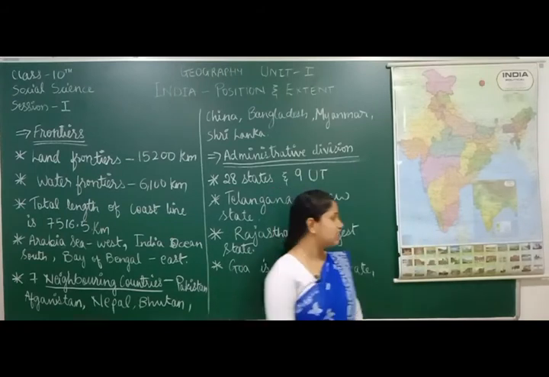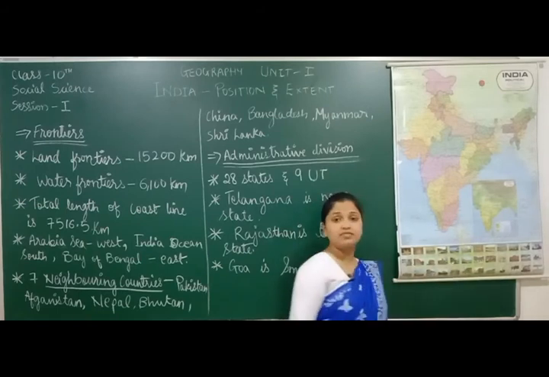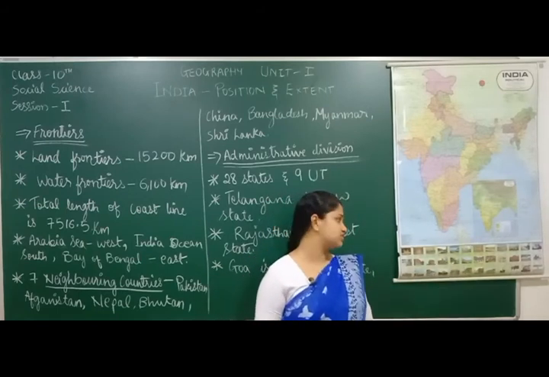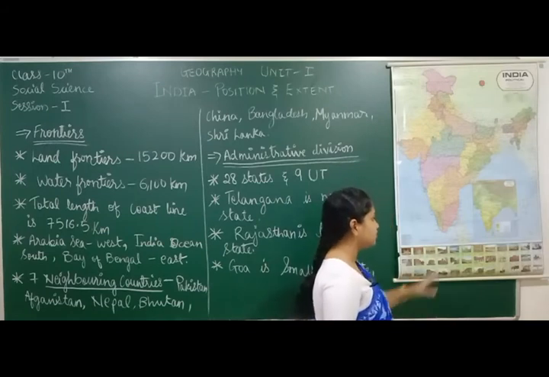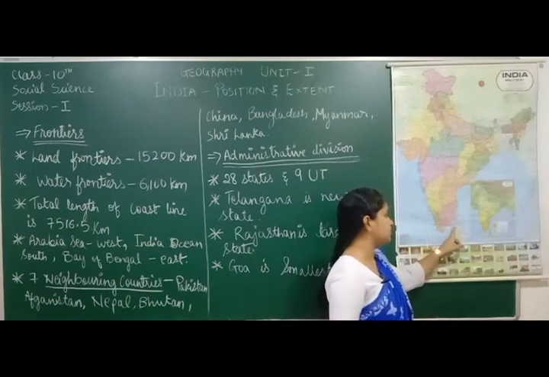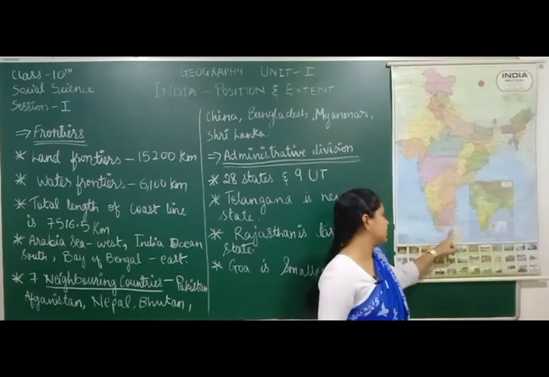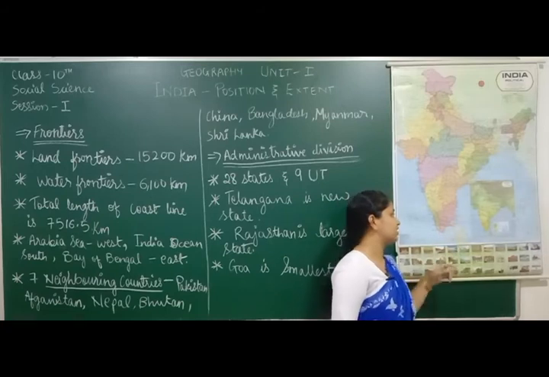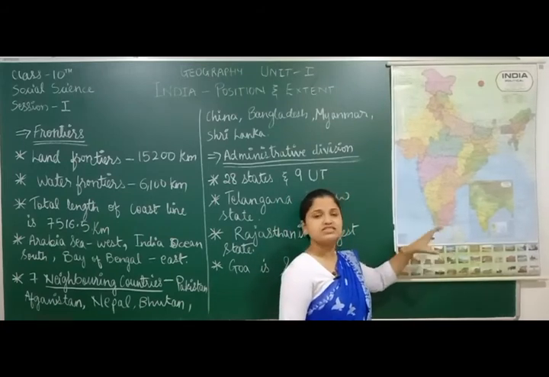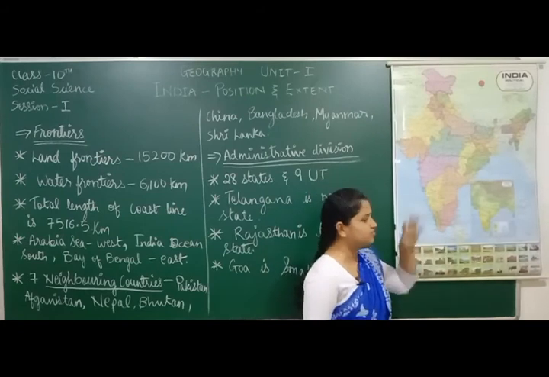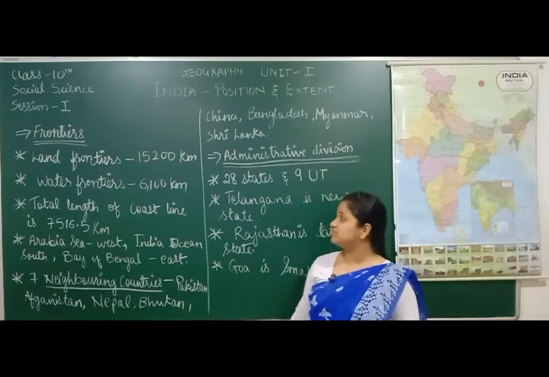Sri Lanka is separated from India by gulfs, meaning small seas, for example the Gulf of Mannar. Then we have the Palk Strait. The Palk Strait and the Gulf of Mannar are the two seas separating India's boundary from Sri Lanka. So we do not consider Sri Lanka.